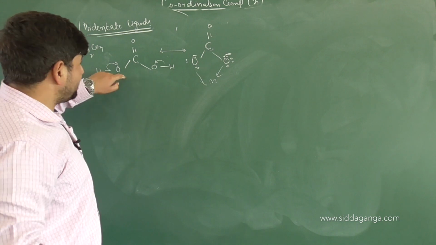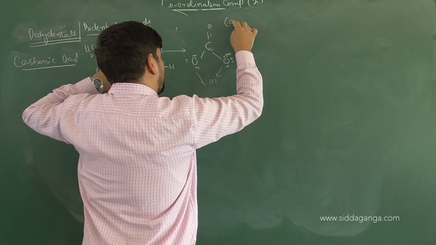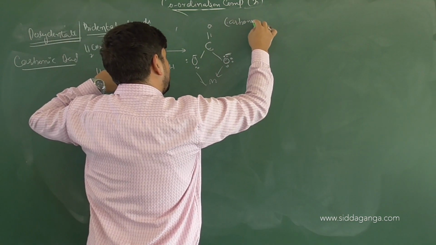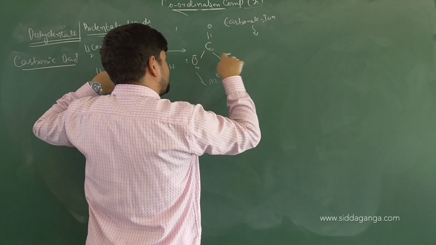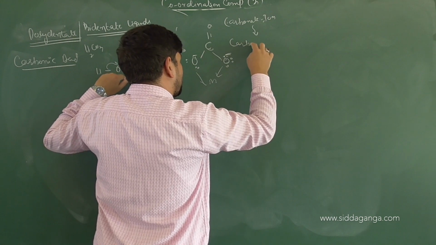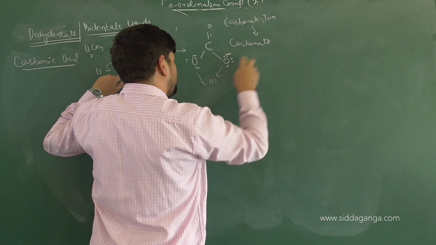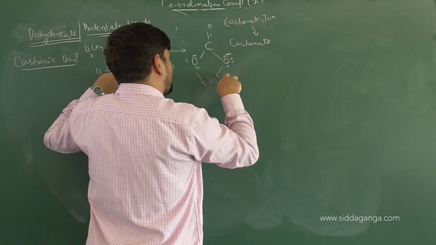Now this is called as carbonate ion, right or not? But when you write the name, because negative charge it's finishing with, it will be carbonato. So what is the oxidation state of carbonate ion? -2.